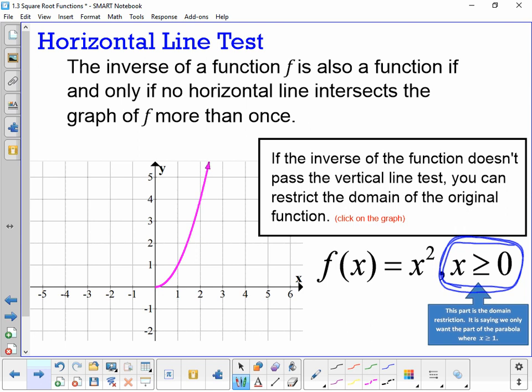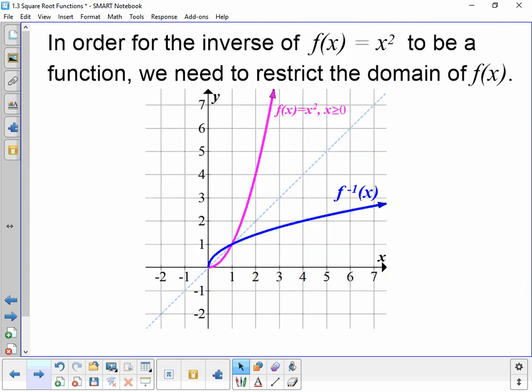So this is saying our function is f, it's the equation x squared, but we're only going to consider the x's that are greater than or equal to 0. So we're limiting it to half of the parabola. If we do that, then the inverse, the reflection, is a function because it doesn't have that lower half. So now it does pass the vertical line test, and both the function and the inverse relation are functions.